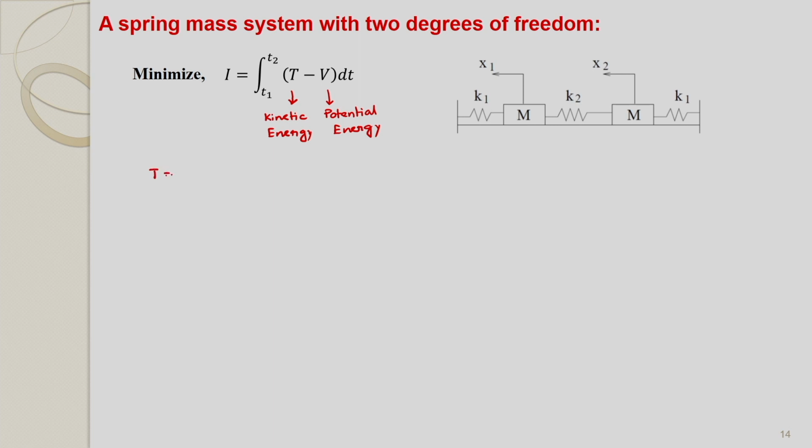We can write the total kinetic energy as half m x1 dot square, here. Our independent variable is time.